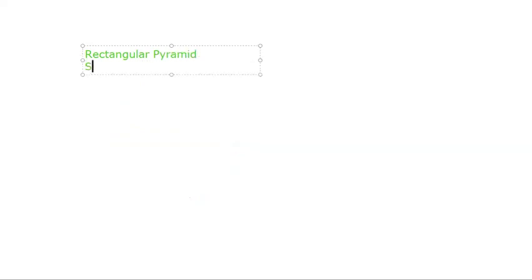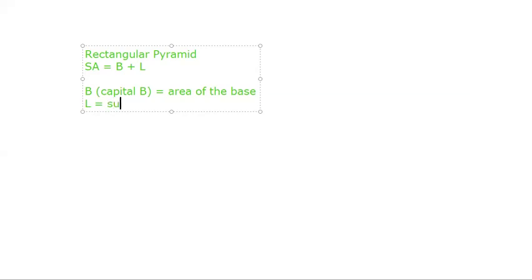And the surface area of a rectangular pyramid is B plus L. Now, anytime you see a capital B, that means the area of the base. And this L means the sum of the areas of the lateral triangular faces. Whew, lateral is side.